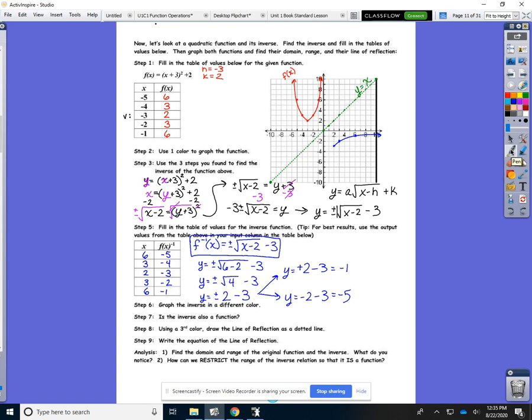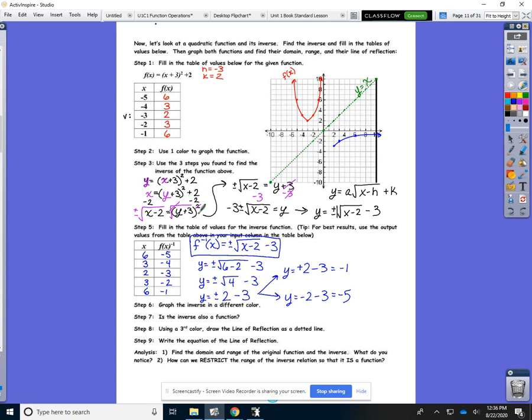When you got down to here, you may have, and it's really important, you may have had your function written as y equals the square root of x minus 2 minus 3. So while I do show my steps here, switch the x and the y, the first thing we need to move is subtract the 2 to the other side.